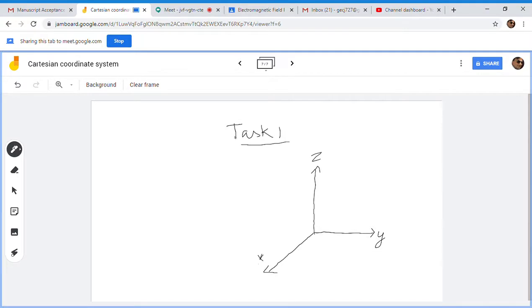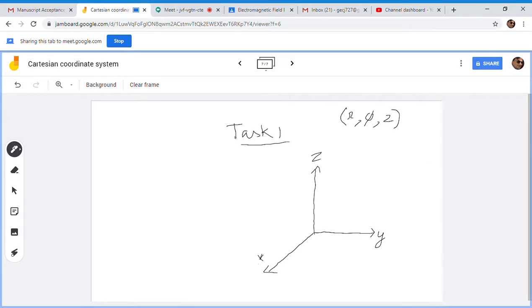So what we wanted to do, we wanted to convert your cylindrical coordinate system into rectangular coordinate system. In cylindrical coordinate system, I told you that the coordinates are defined like r, phi, and z.